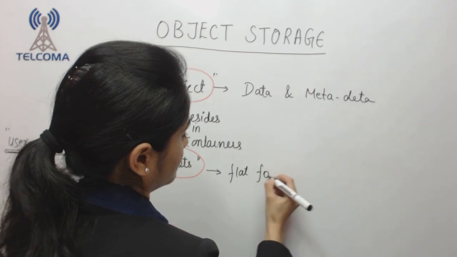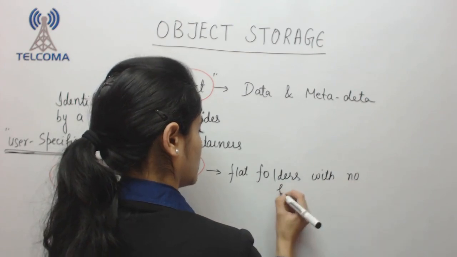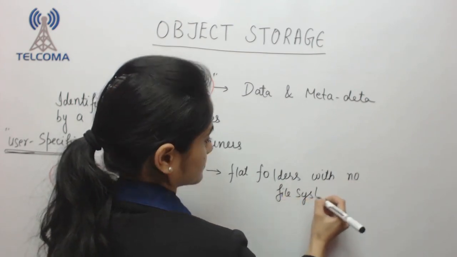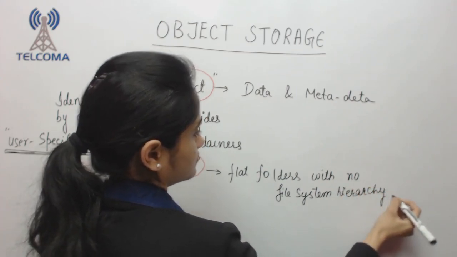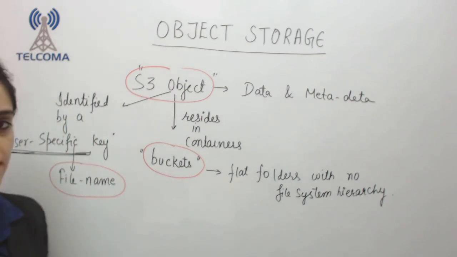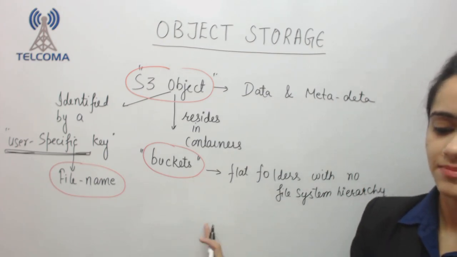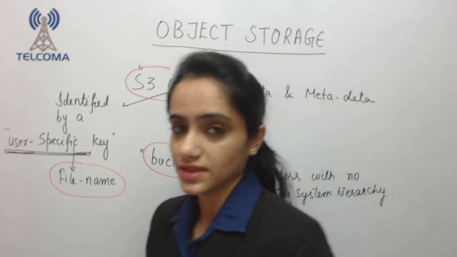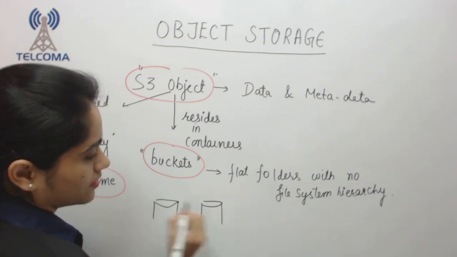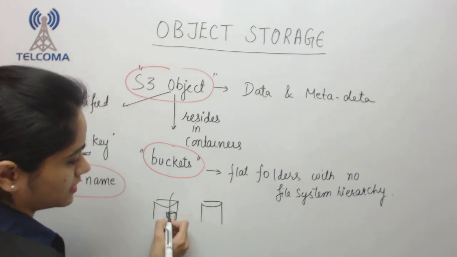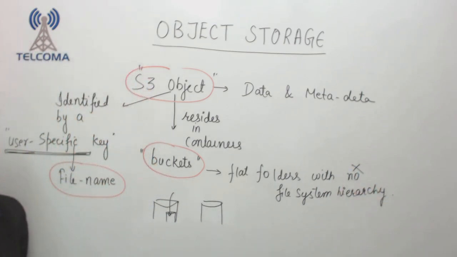For example, if we have multiple buckets, there is no sub bucket within a bucket, because here we don't have any file hierarchy system.